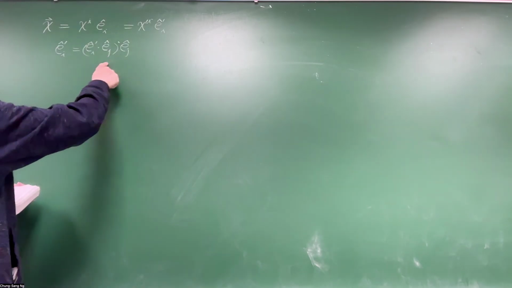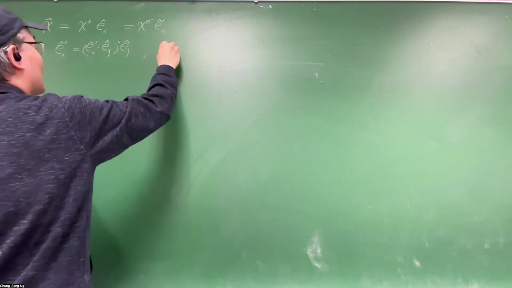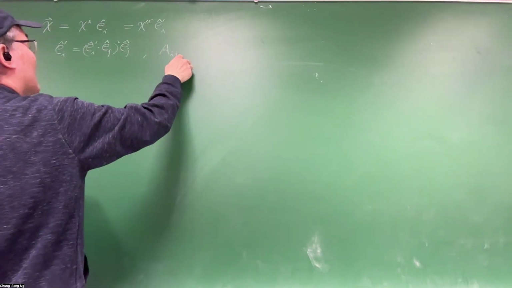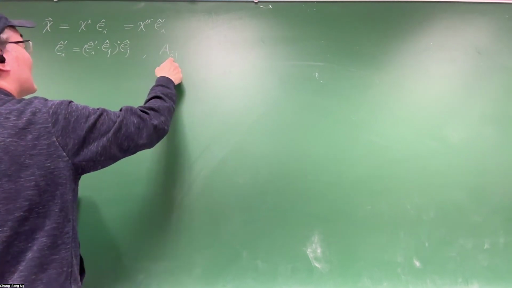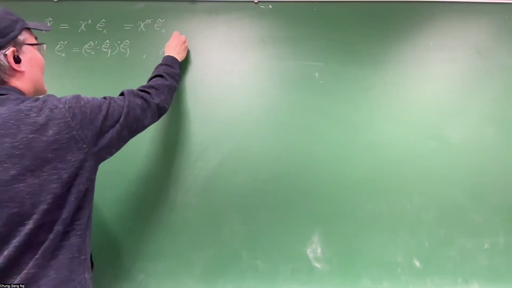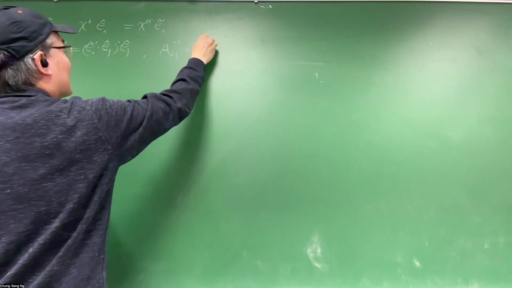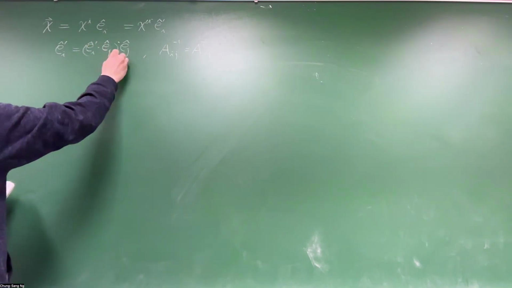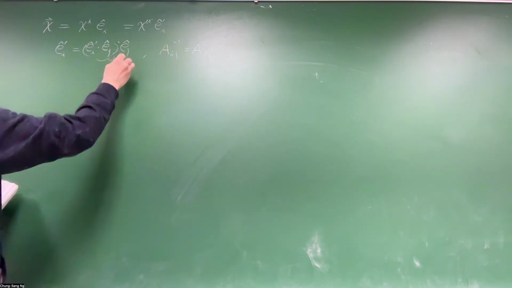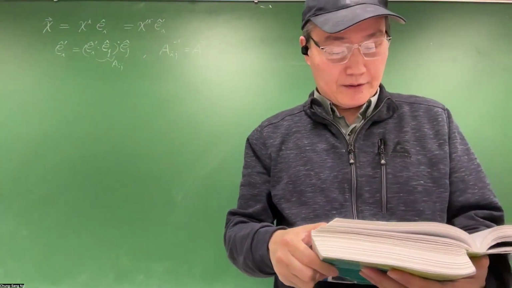I think last time we showed that this matrix, whatever we call it, this A_ij, has an inverse that is just the transpose. Whatever we call it, call this A_ij.